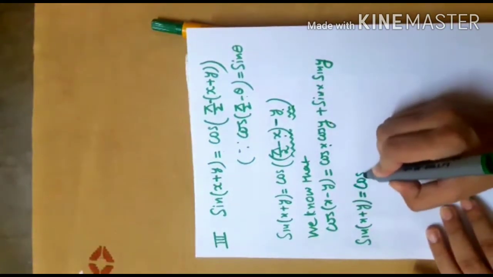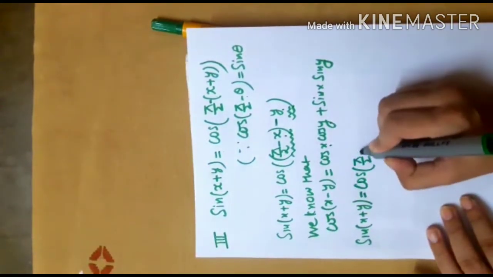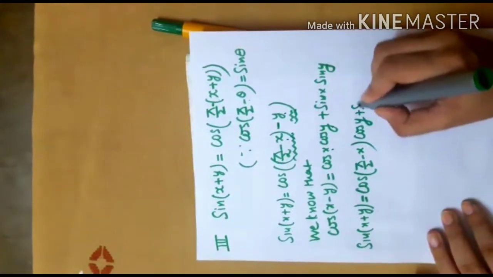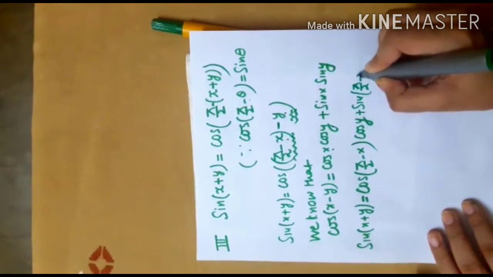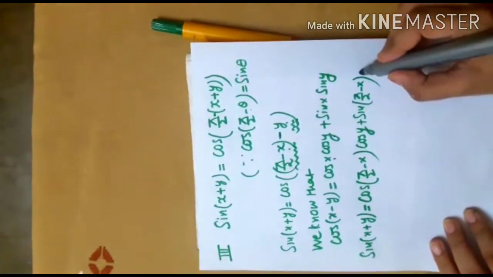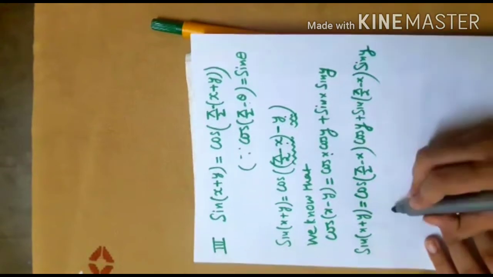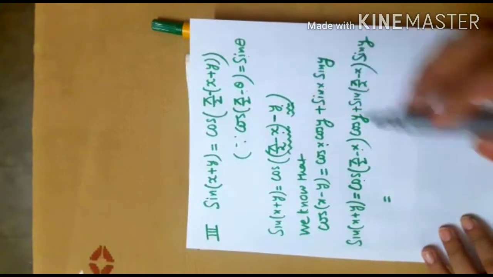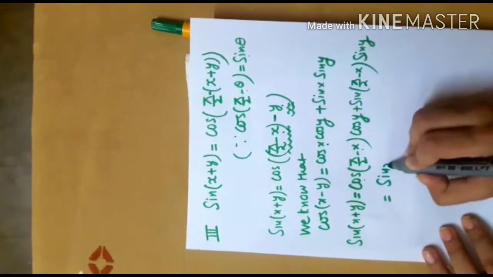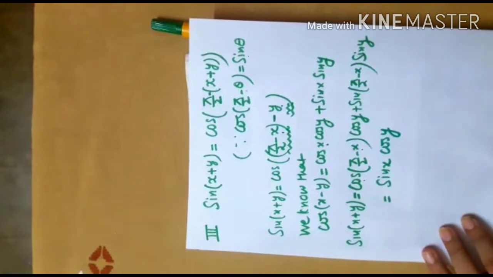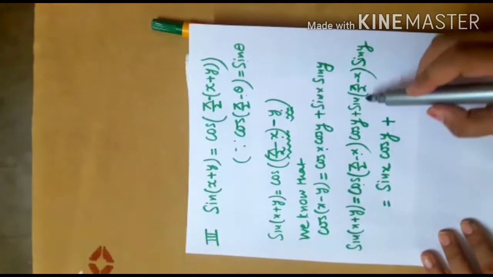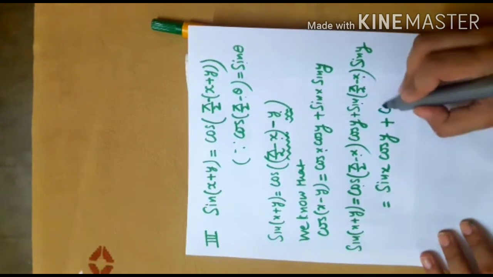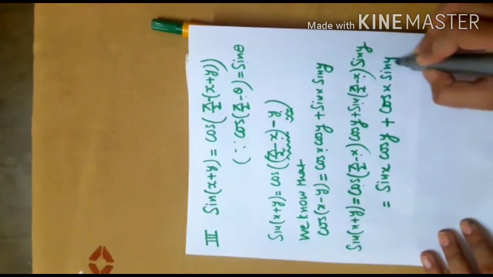First we have cos x and role of x is given to pi by 2 minus x. Then cos y plus sin x, role of x is given to pi by 2 minus x, into sin y. Now, again, cos(pi by 2 minus theta) is sin theta. So, this will be sin x into cos y plus, and sin(pi by 2 minus theta) will be cos theta. So, it is cos x sin y.